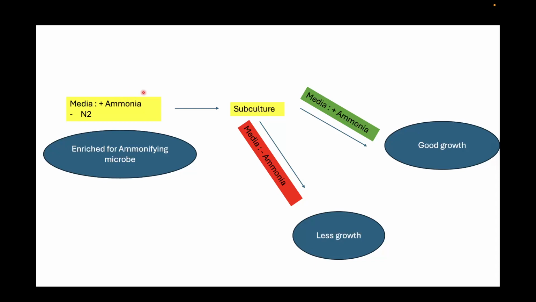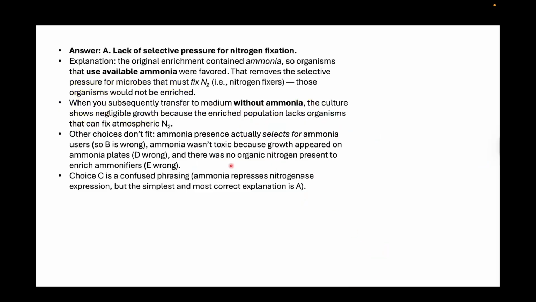And then in the subculture there are two conditions. You grow it in media with ammonia, then there is good growth, but in media without ammonia, there is no growth, right? And why is answer A the correct option? The original enrichment culture contained ammonia, so organisms that use available ammonia were favored.